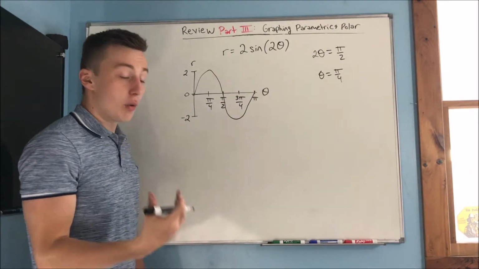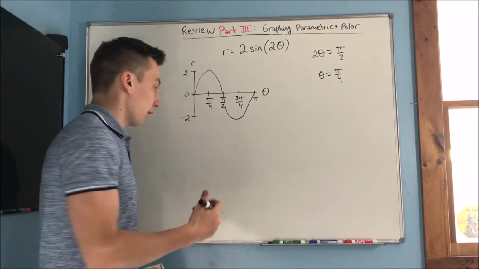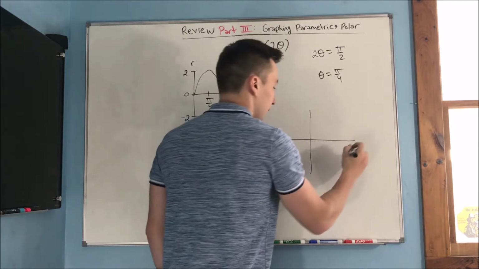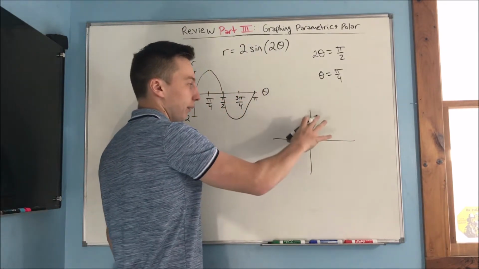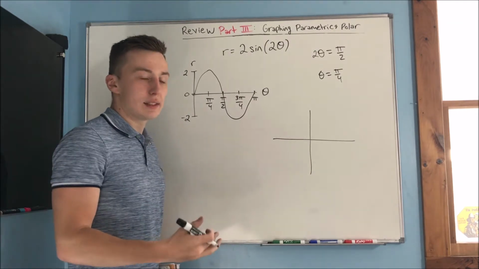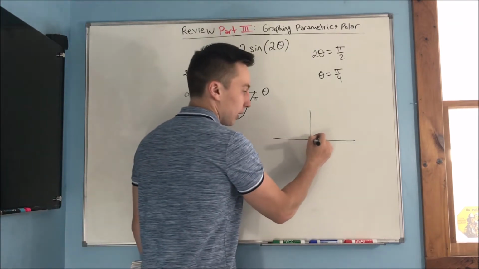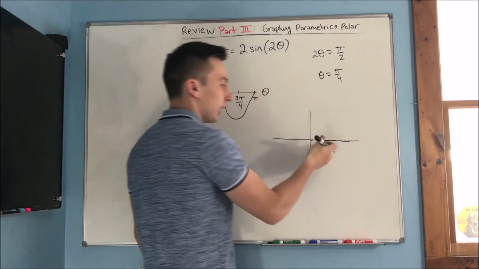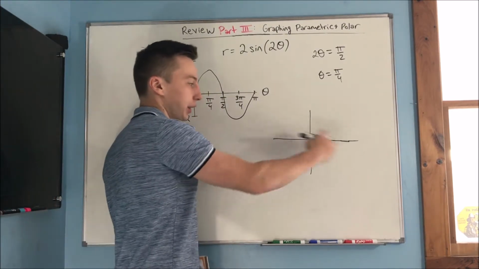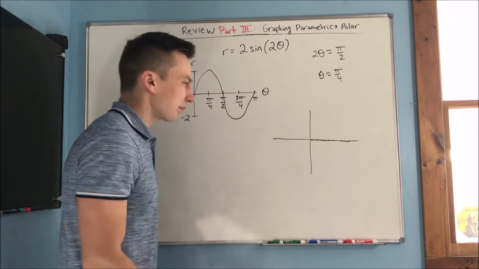Now we can do this on our polar graph. By the way, some people like to draw what looks like the XY plane, with your X and Y axes, but this is still your polar axis. It just helps graph polar a little more to have a little more structure with both the axes there.